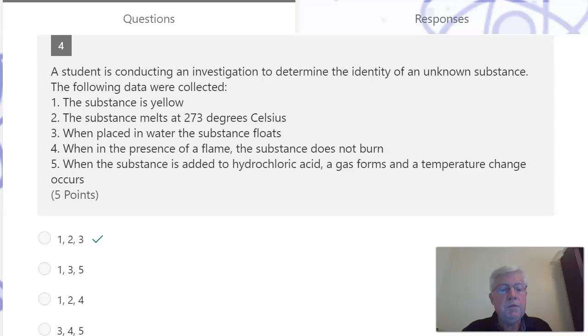When placed in water, the substance floats. That's density, and that means it has a density less than 1. When in the presence of a flame, the substance does not burn. Some people say that's not a chemical property, but yes, the fact that it doesn't burn is a chemical property. When the substance is added to hydrochloric acid, a gas forms and a temperature change occurs. That's a chemical property as well. So 1, 2, and 3 are physical, and 4 and 5 are chemical.